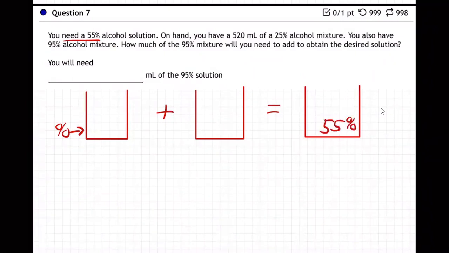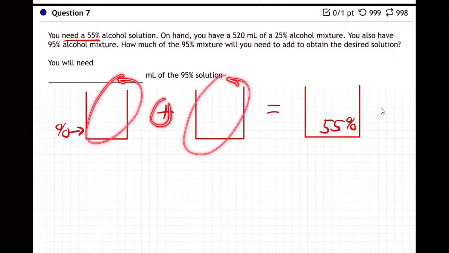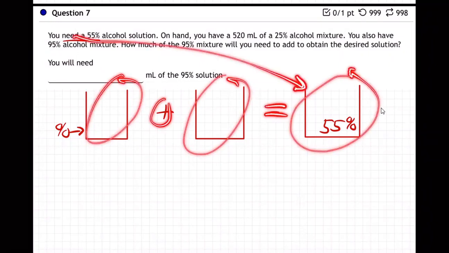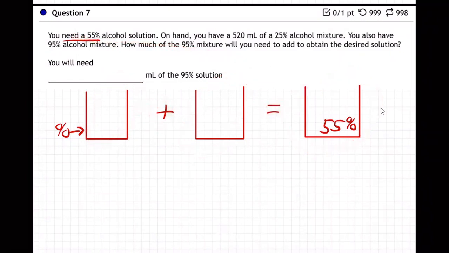Because that's the final thing we're trying to make, right? We're going to take something plus something else to equal what we want in the end. And then you have 520 milliliters of a 25%, and we have a 95%.